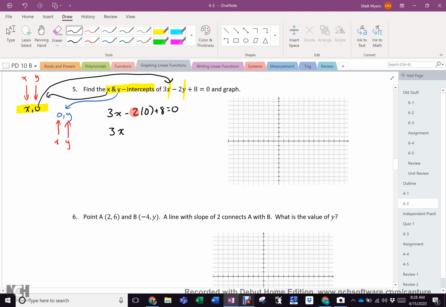It's 0. So 3x, that's gone. Plus 8 equals 0. 3x equals negative 8. X equals negative 8 over 3. So that x, because x equals negative 8 over 3, is negative 8 over 3, 0. Now I'm not going to put that on the graph right now because it's got a fraction.